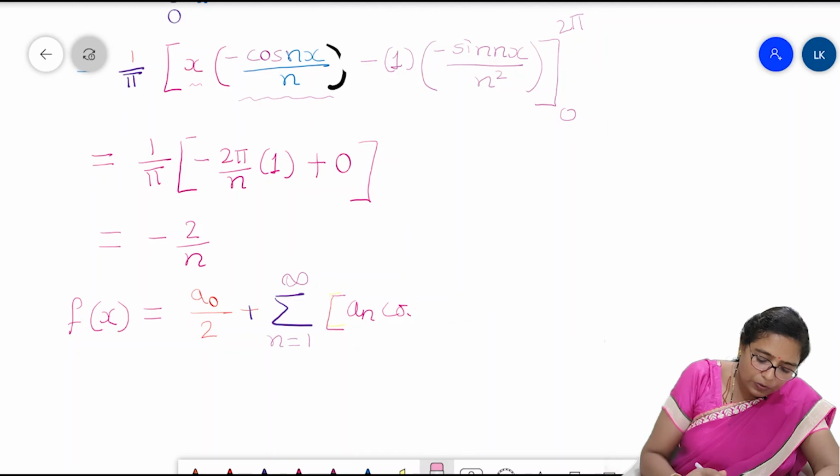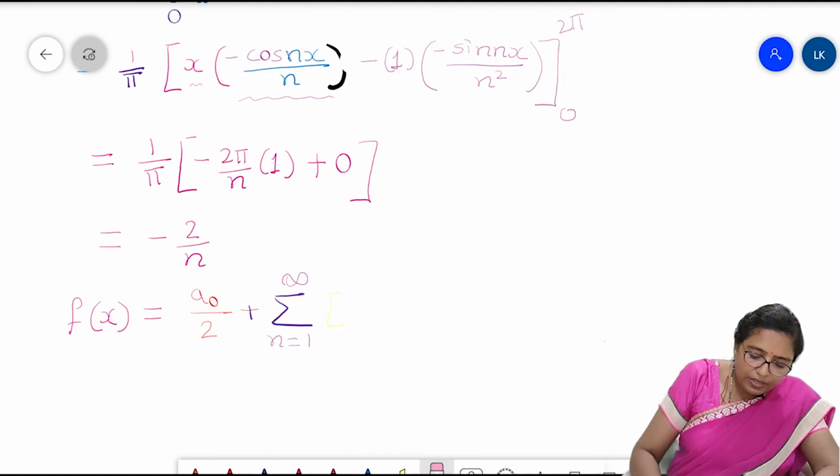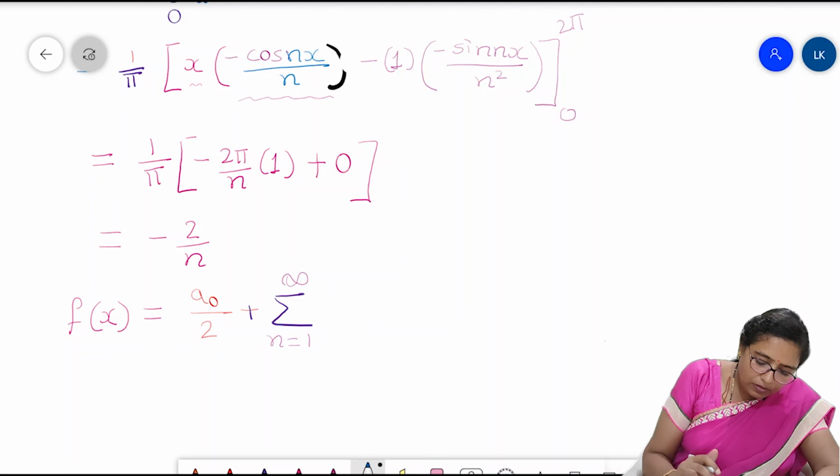But a_n is 0. That means no need to write a_n here. The value of b_n is minus 2 upon n, sin nx.